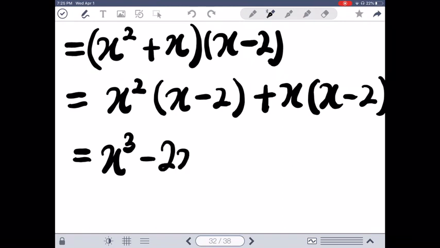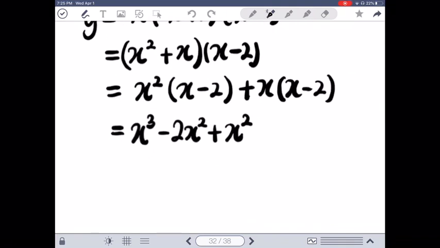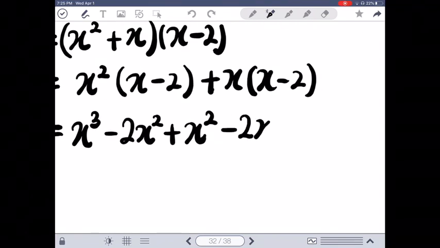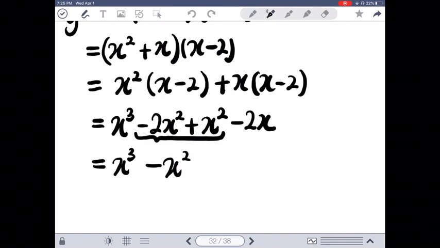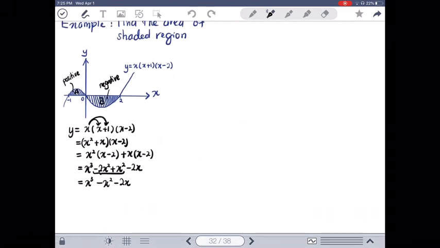so becomes x to the power of 3 minus 2x squared plus x squared minus 2x. So in the middle here we can simplify, becomes x to the power of 3, this one becomes negative 2 plus 1, so negative x squared, minus 2x.